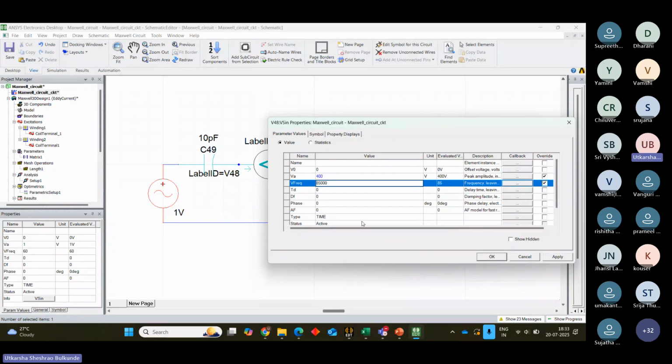You can change it from here also, and you can change the unit also. So now it is 85 kilohertz, 400 volt. Apply.